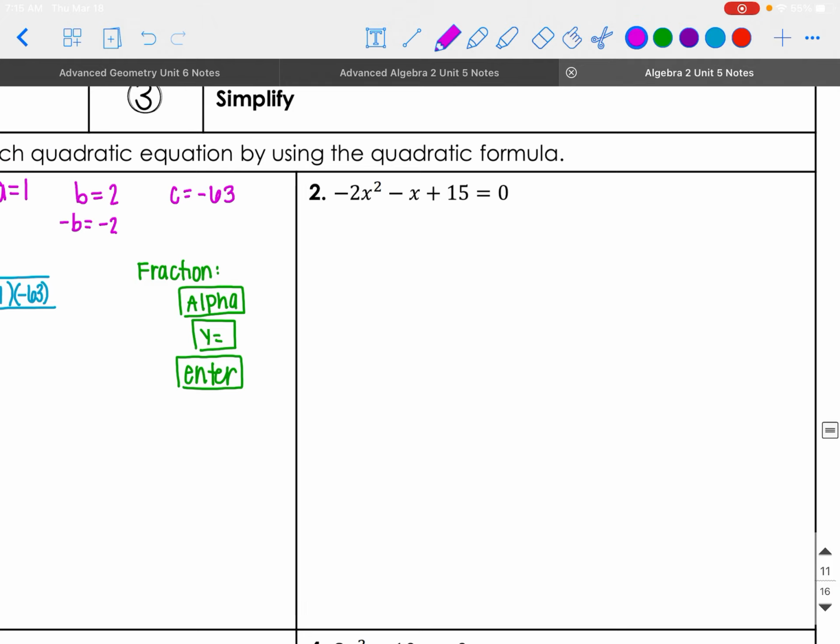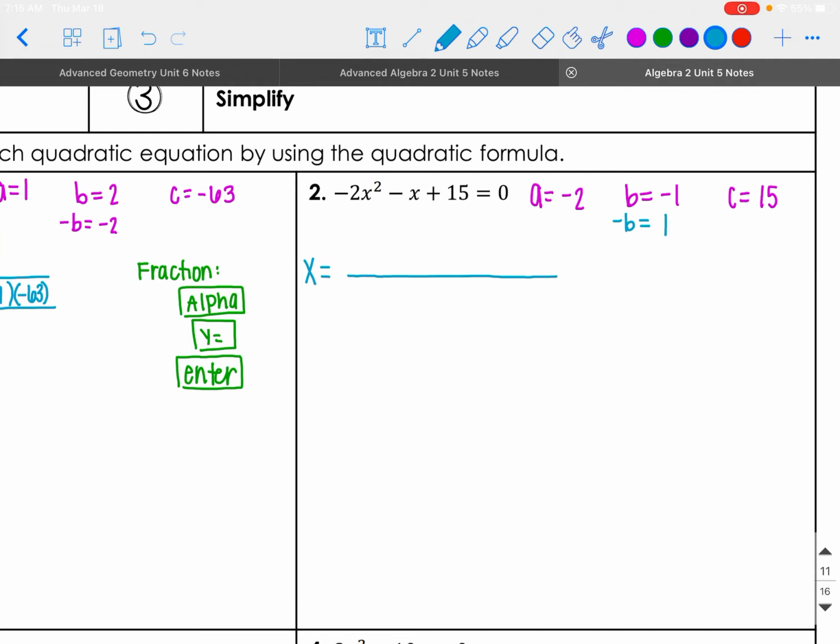Number 2. A equals -2, b equals -1, c equals 15. Let's plug into our formula. X equals. Now remember, the very first thing is -b.